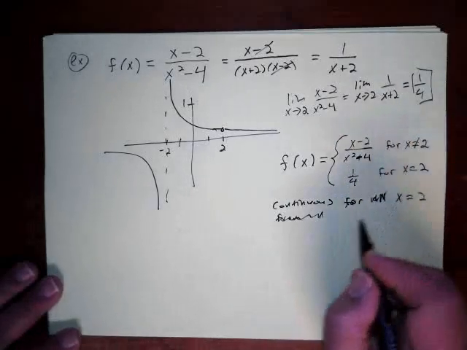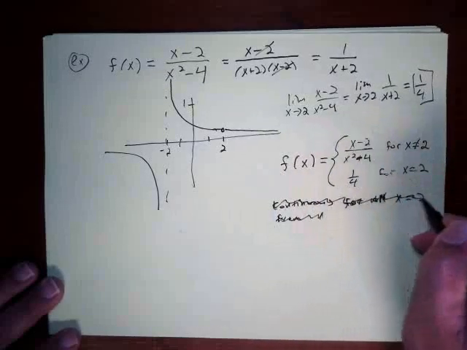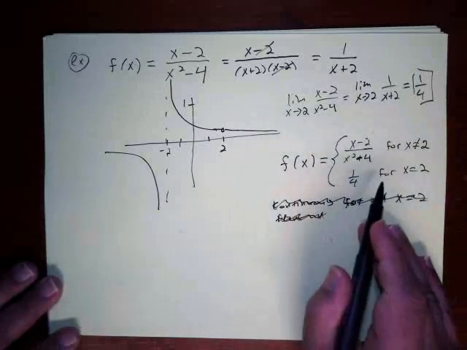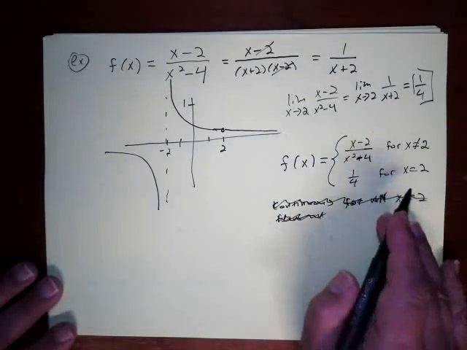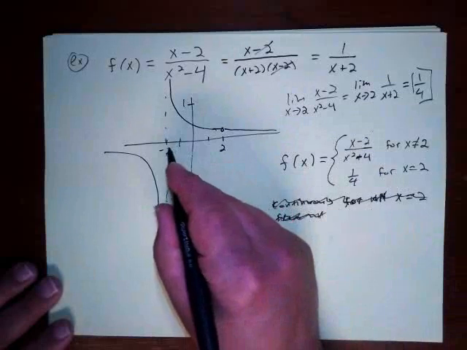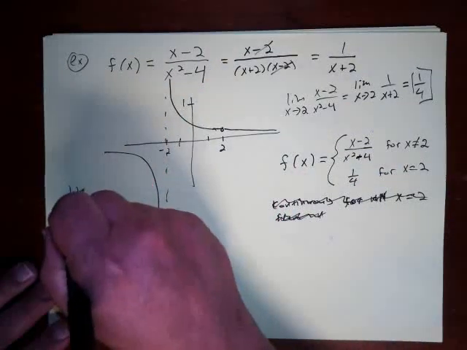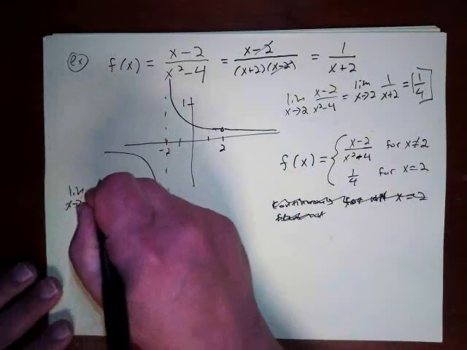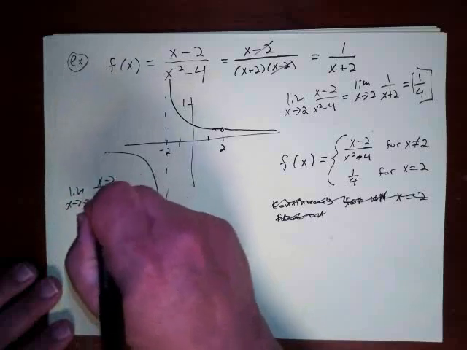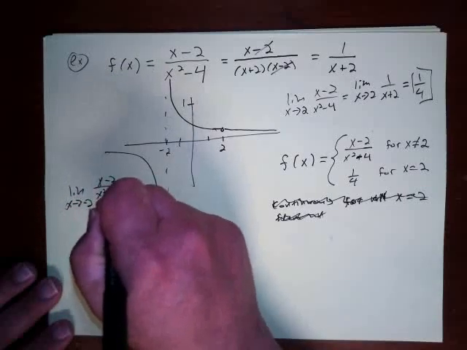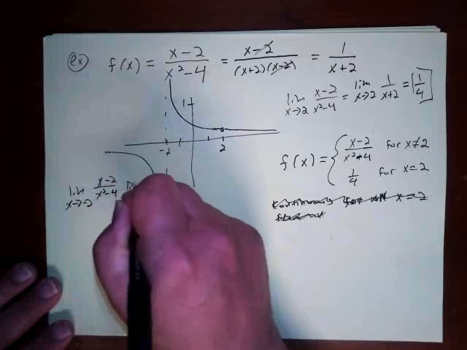This isn't continuous. I'm just going to erase that. This isn't continuous, however, for all x, because here at -2, the limit as x goes to -2 of x minus 2 over x squared minus 4 does not exist.